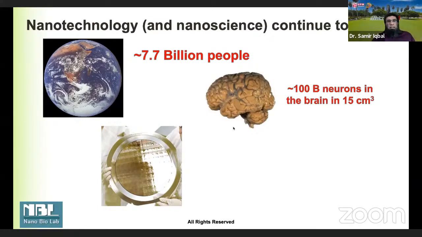But now if you look at the devices, the chip industry has progressed a lot. Can somebody tell me how many transistors they're making now on a chip? You can type your answer or you can say the number. How many? There is a quiz from the professor.